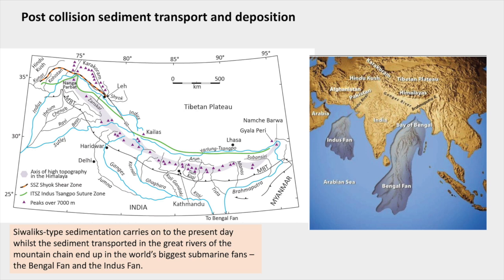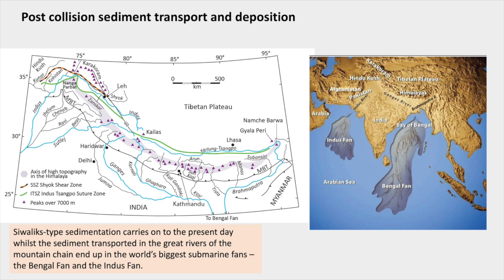But let's look at the Bengal fan. It extends here some 2,000 to 3,000 kilometers out into the ocean, and the sediments are transported by turbidity flows. And the flow starts here, and it flows, and it flows. It goes right the way through and builds up this great pile of turbidites on the ocean floor.